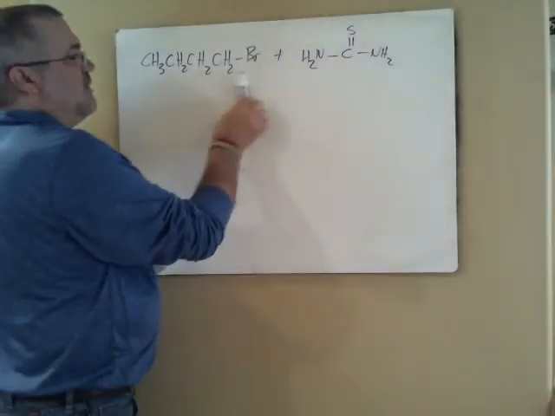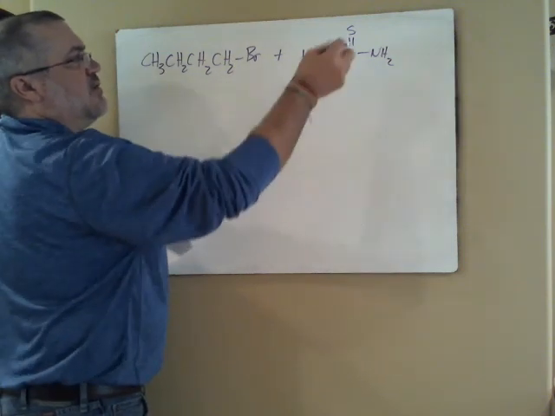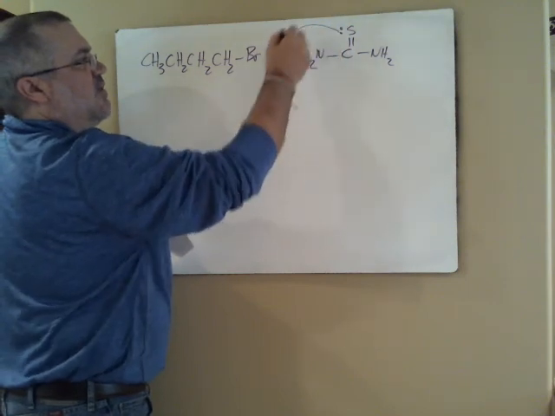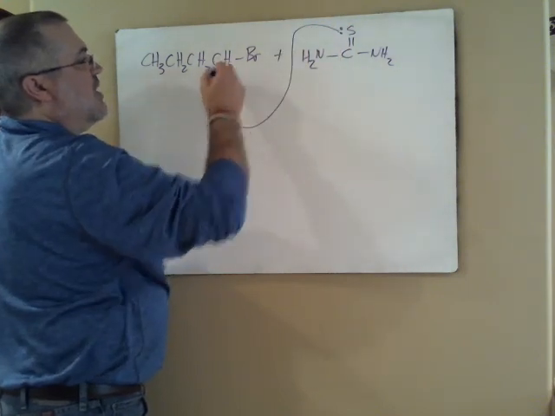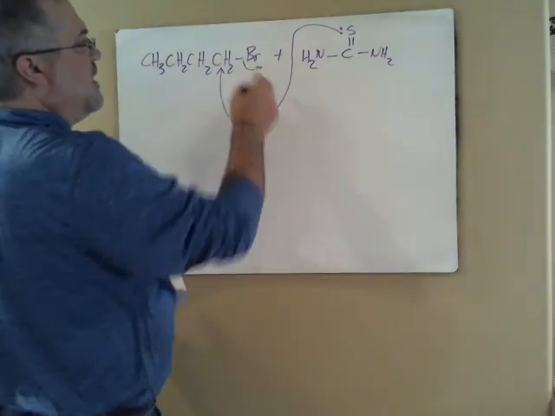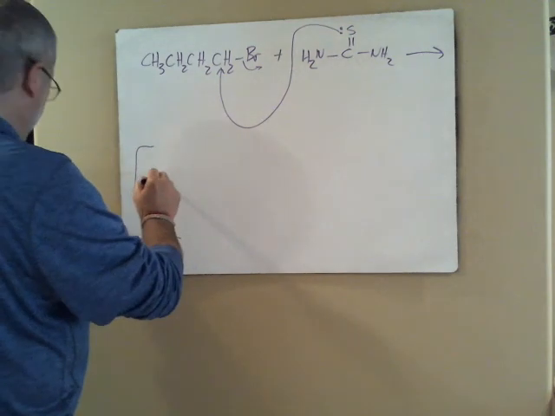We know this is an electrophile, and so this has to be the thing that's nucleophilic. Remember, we just said that sulfur is really nucleophilic. So in this case, it's going to come in and react with this electrophilic carbon, displacing the bromine. And so what's going to form is this intermediate.